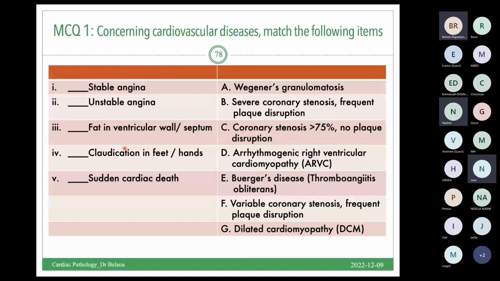So which among these items on the right side can be matched to the first, the second, the third, and the fifth items on the left? So angina pectoris can be matched to which of the features on the right side?